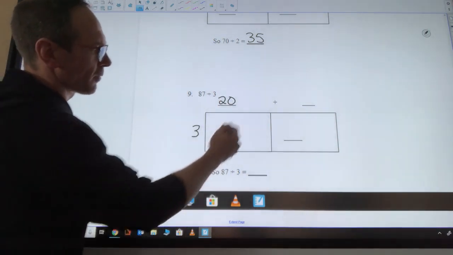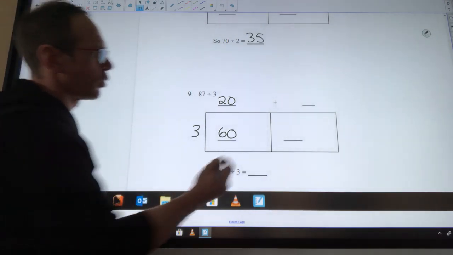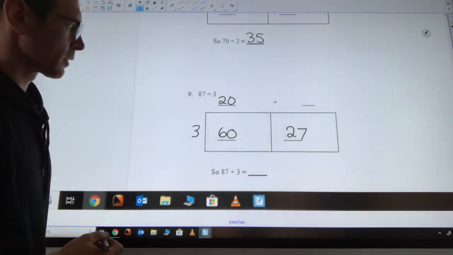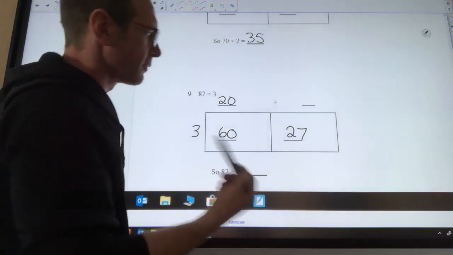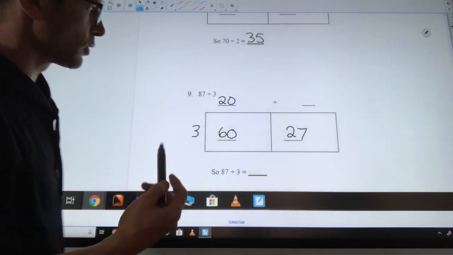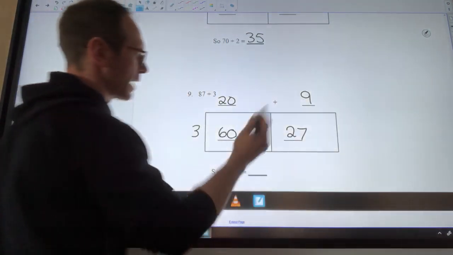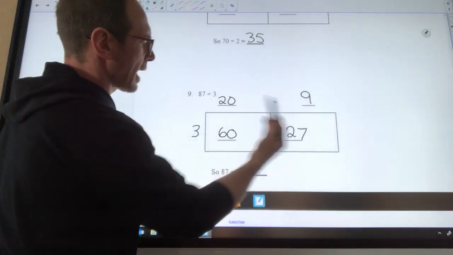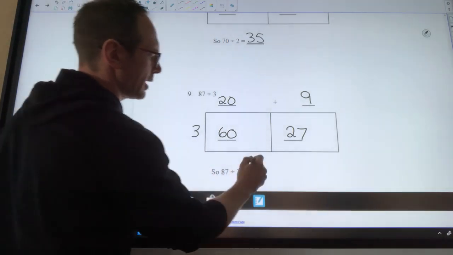Now, how many more from 60 do I have to go to get to 87? Well, 60 plus 27 is 87. Now, my question is 27 divided by 3. Done this question before. 27 divided by 3 is 9. 9 times 3 is 27. So I have 20 and 9. 29 times 3 is 87. So 87 divided by 3 is 29.